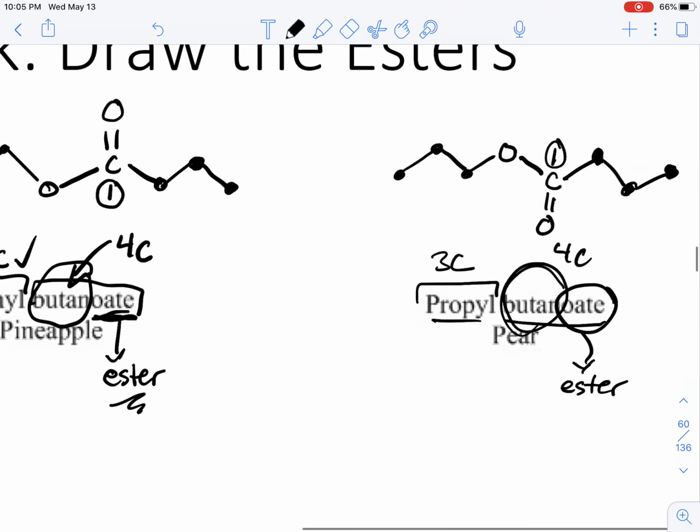If I don't draw these dots, I'll get a skeletal structure that looks like this. And this would be my final structure for propyl butanoate.